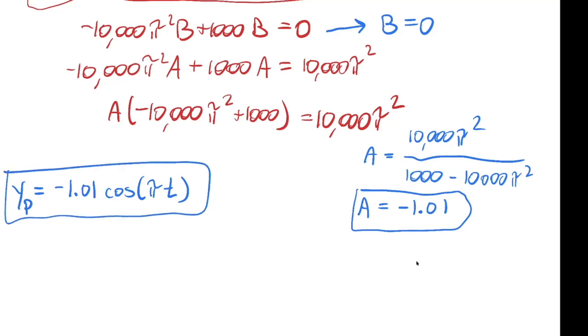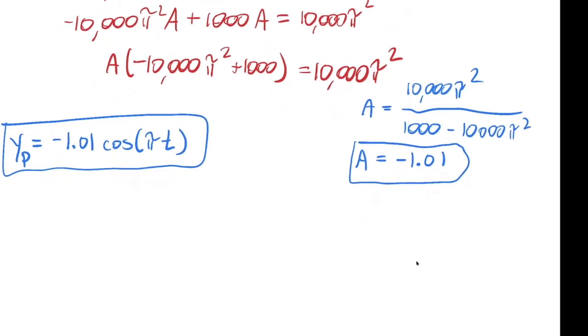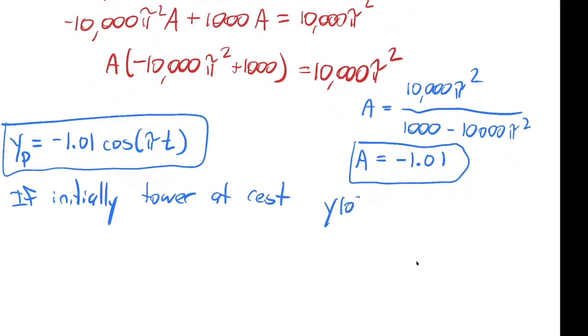And let me just say that if we start with the tower at rest, so in other words, y of 0 is 0 and y prime of 0 is also equal to 0, that would mean that the homogeneous solution would be 0.